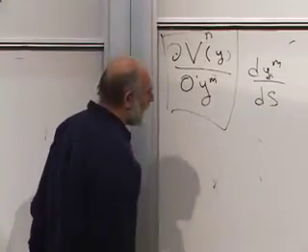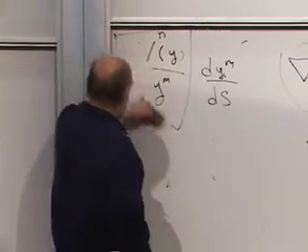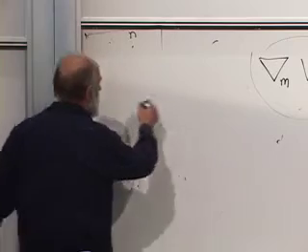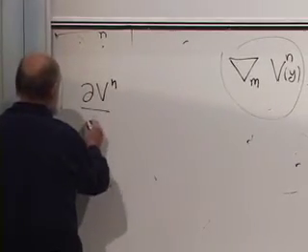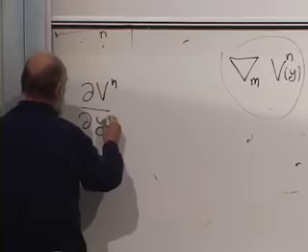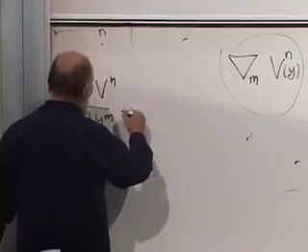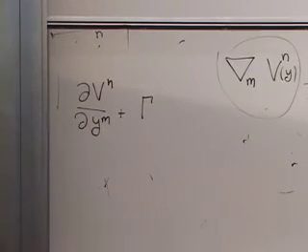Let's write it out in detail. What is it? It's the derivative of V^n with respect to y^m times, well, let's add the other term. What's the other term? All right, tell me where to put the indices of the gammas.